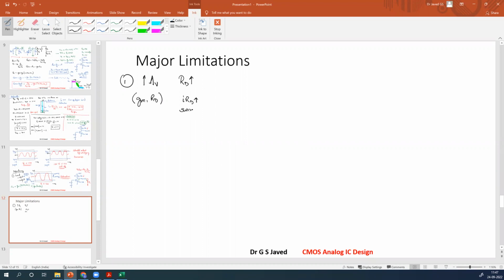Swing will reduce. Right? So if you increase RD, your swing will reduce. Now, what happens when swing reduces? Your VDS reduces. So this limits voltage swing.